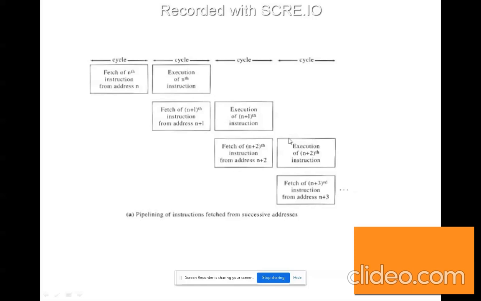During the third instruction's execution time, you will be fetching the fourth instruction. Like this, successively it will be going on. So finally for one instruction it will require only one timing period or cycle for executing a single instruction. This is the pipelining technique.